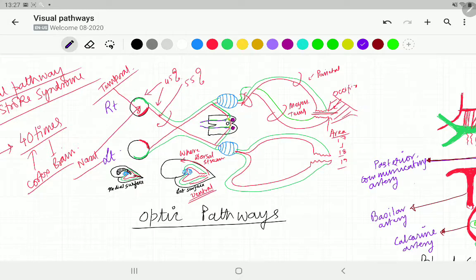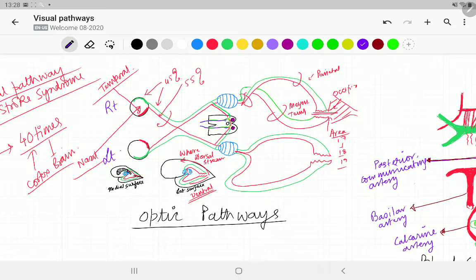In the midbrain, they go to two important structures. One is the superior colliculus, which is not the point for discussion for the light reflex, but the information which goes to the superior colliculus develops the reflex like the tectospinal reflex. So if an object is coming, we just move our head. That's carried out through that reflex.